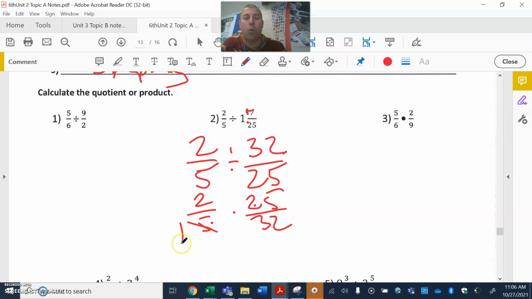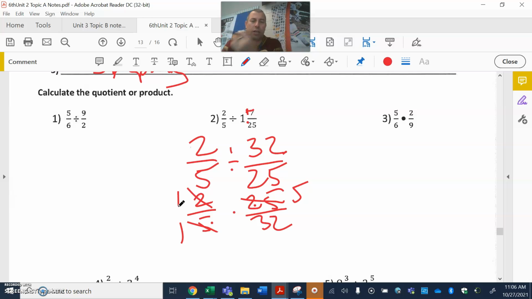5 divided by 5, a 1. 25 divided by 5, well, that's a 5. And again, a lot of times that smaller number will divide evenly into that larger number. And that's what happens here with the 2 and the 32. They're both even numbers. We can divide them by 2. 2 divided by 2, it's a 1. 32 divided by 2, well, remember, dividing by 2 is the same thing as cutting in half.